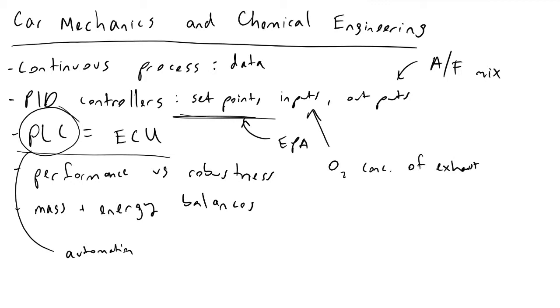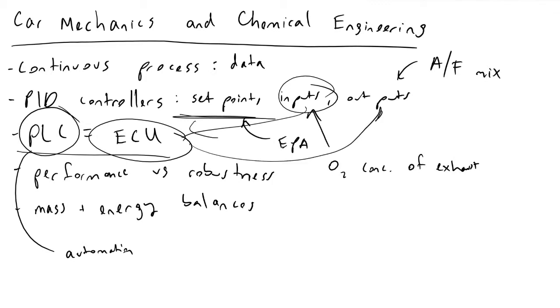This is exactly analogous to what we find in cars with the engine control units. You've got all of your inputs from your O2 sensors, your coolant sensors, your mass airflow sensors. All of this feeds into your ECU, and then your ECU manipulates an output based on an input so that you can maintain a set point that the engineers who designed your car have already specified.